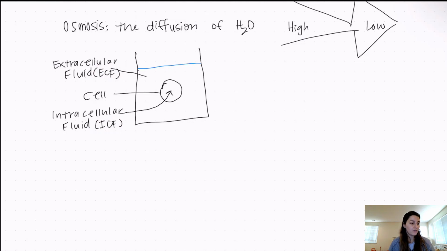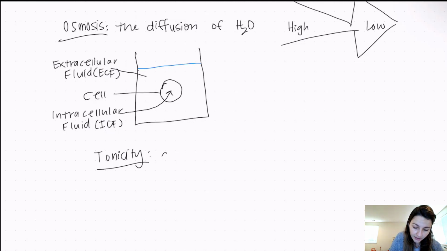So osmosis, that's the diffusion of water from a high concentration to a low concentration, but we also have this other related term called tonicity. Tonicity is a quality of a solution.